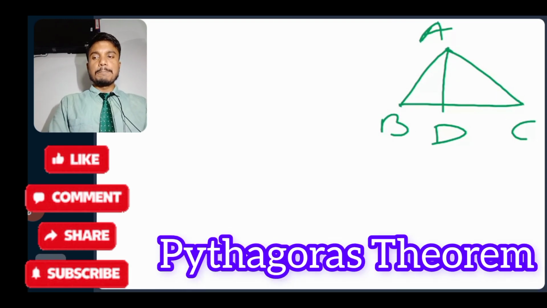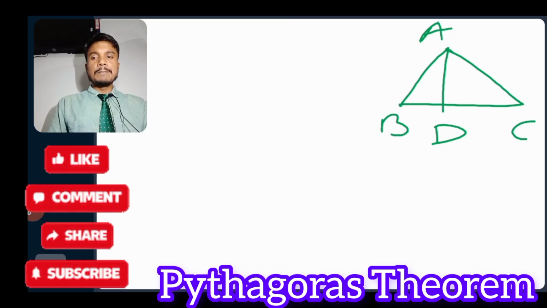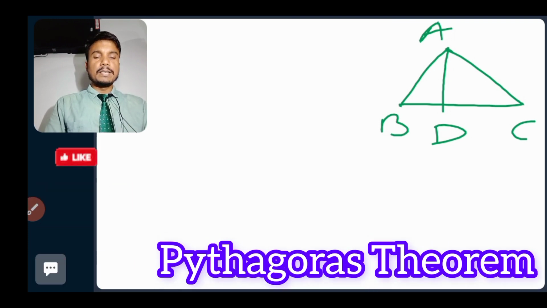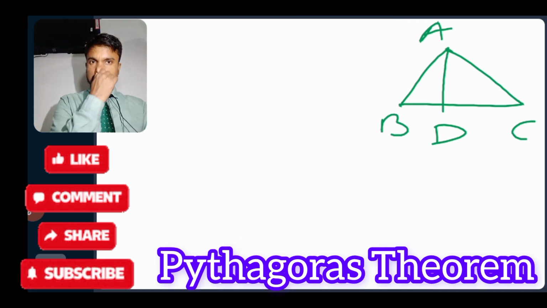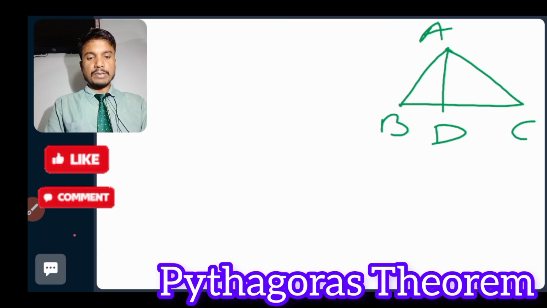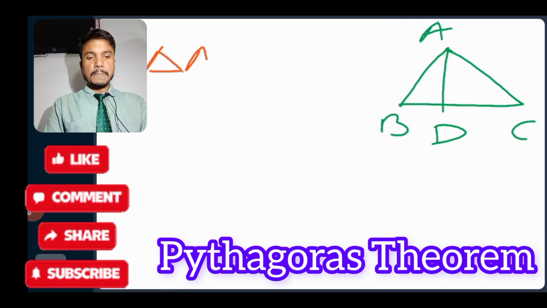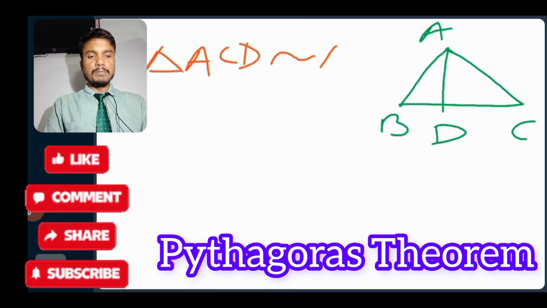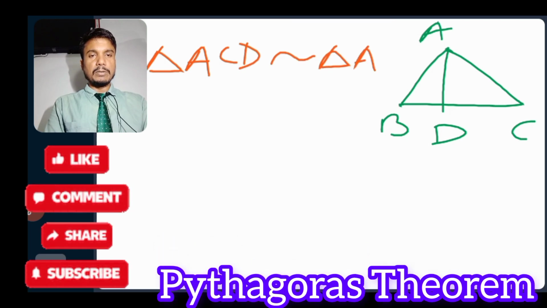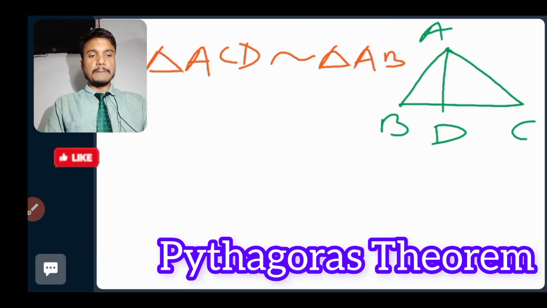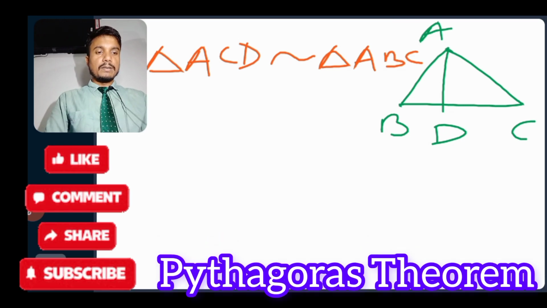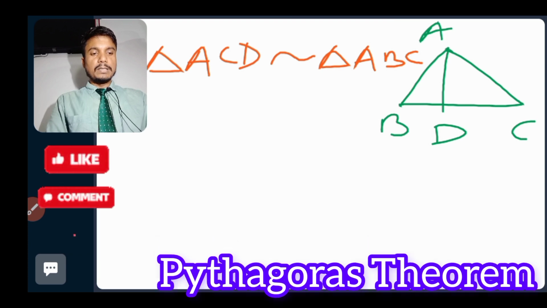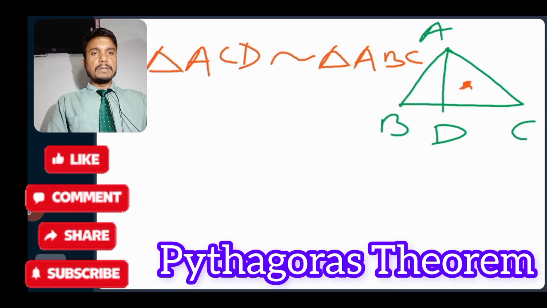Now in the second part, triangle ACD is similar to triangle ABC. I'm taking this smaller triangle and this bigger one.